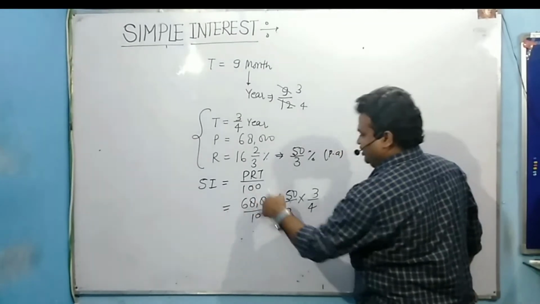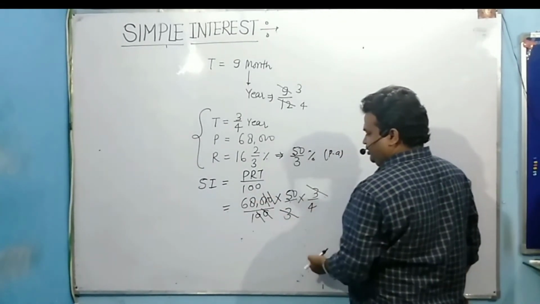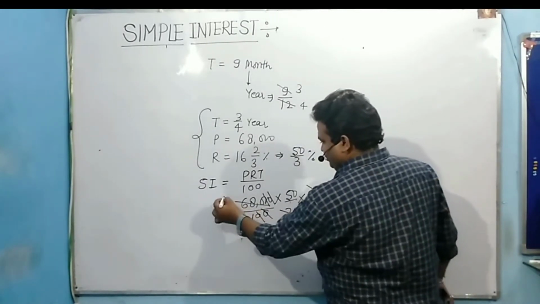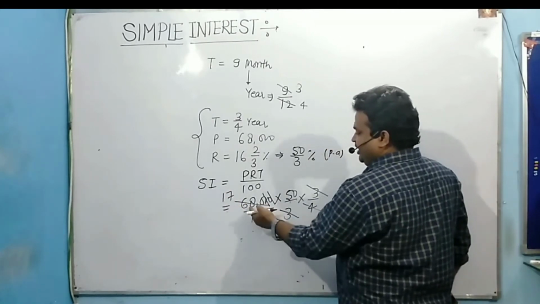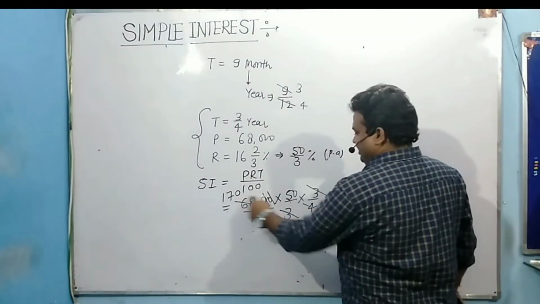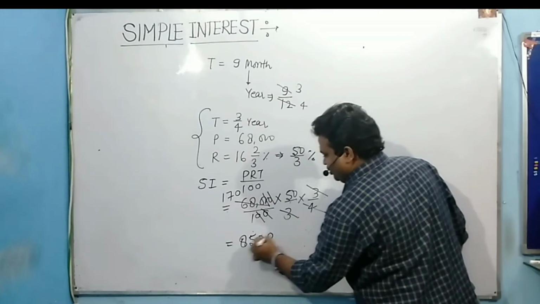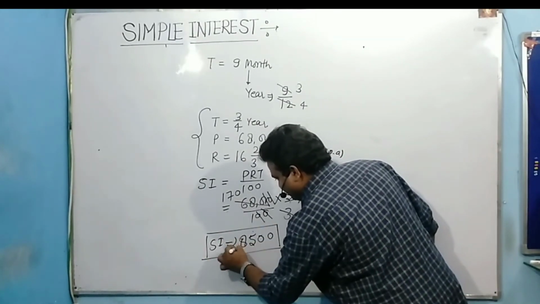So 3 3 gone, 2 0 2 0 gone, 4 1s are 4, 2 4 7s are 28 and 1 0. Now 17 5s are 85 and 1 0 1 0 2 0. So what is my simple interest? How much?